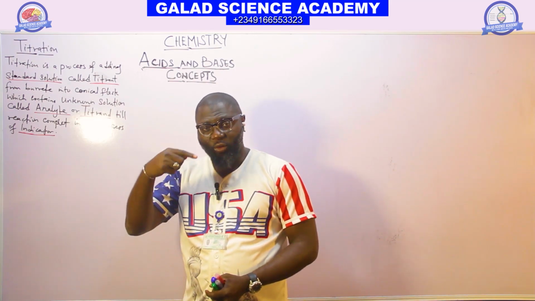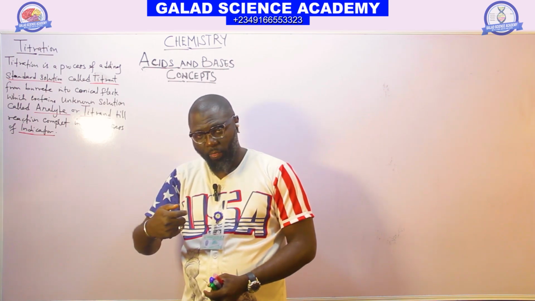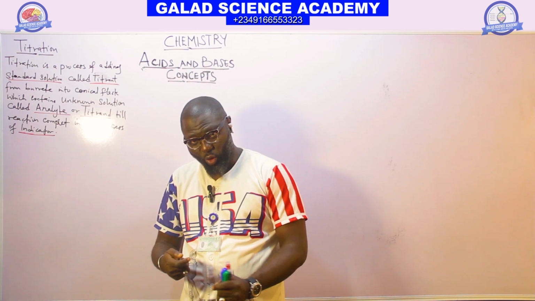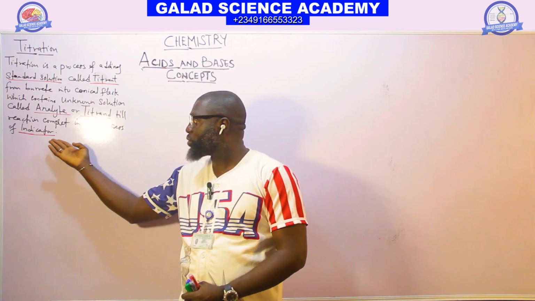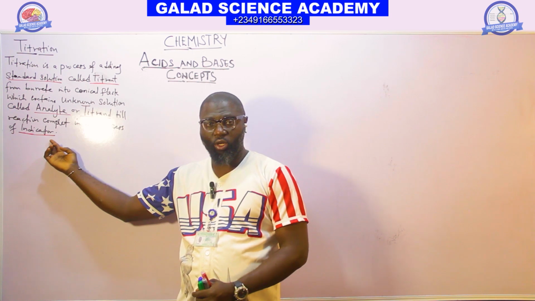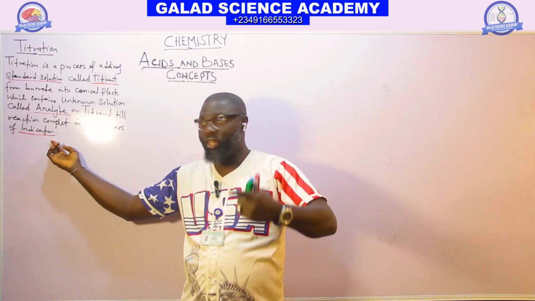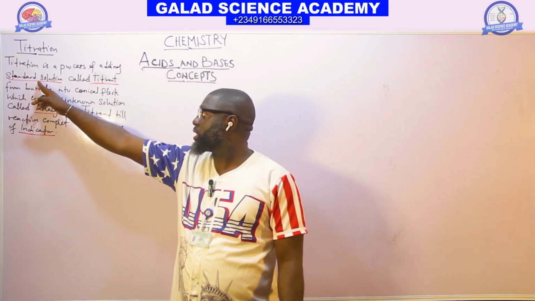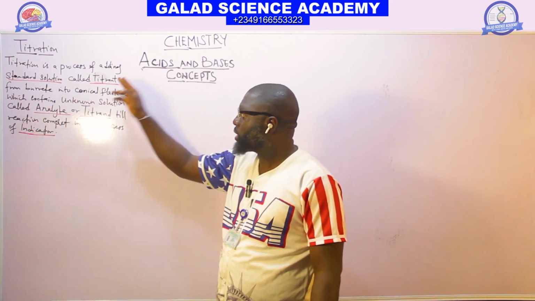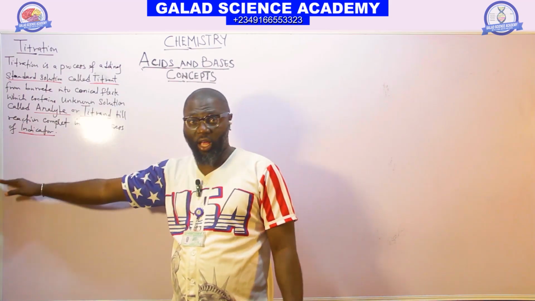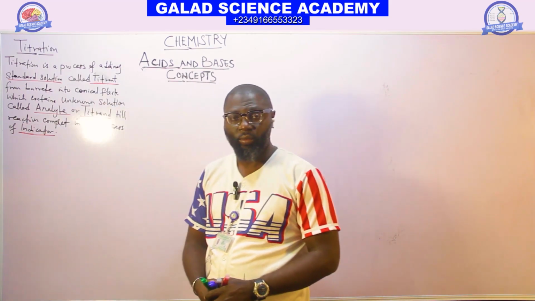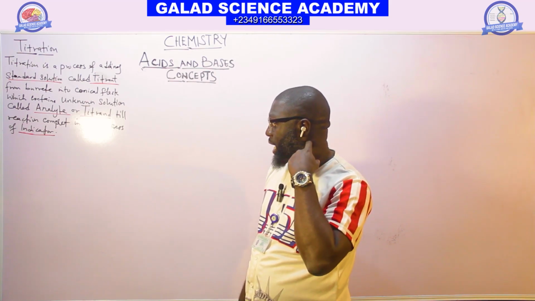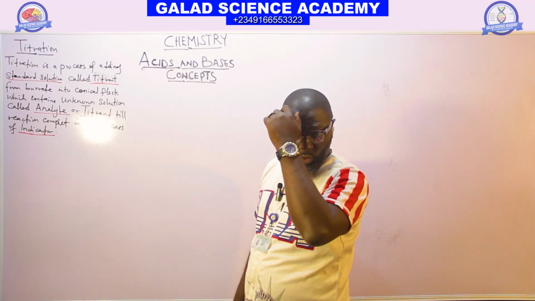The process of adding the known solution from the burette into the conical flask containing the unknown, in the presence of indicators, until the reaction is complete is called titration. Don't bother yourself about these underlined terms. I will explain them. Before I explain the terms, let us move to the types of titration.